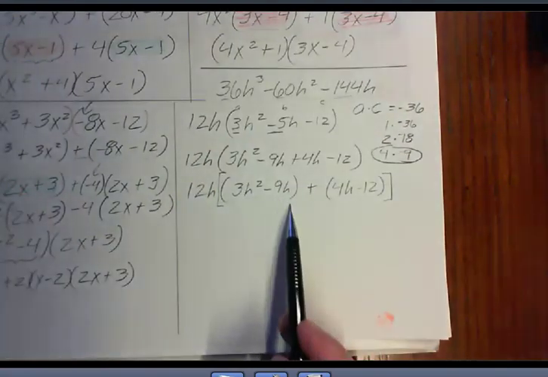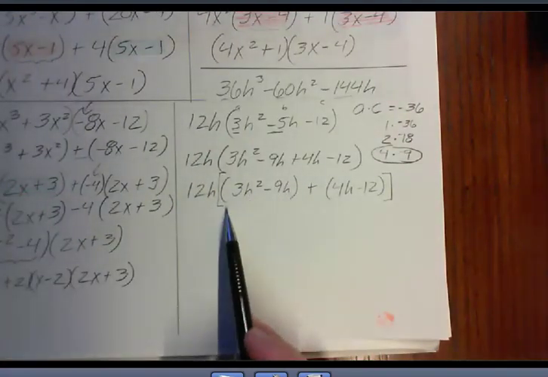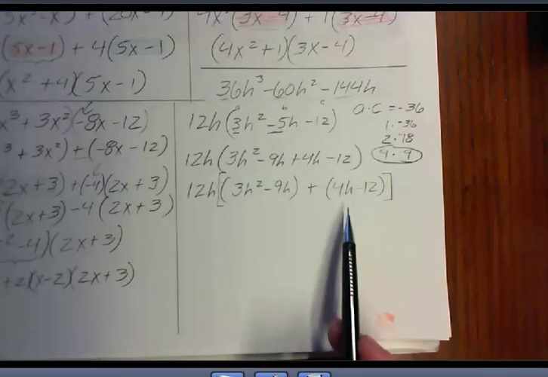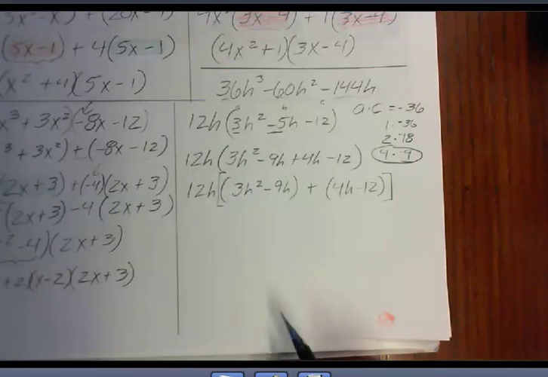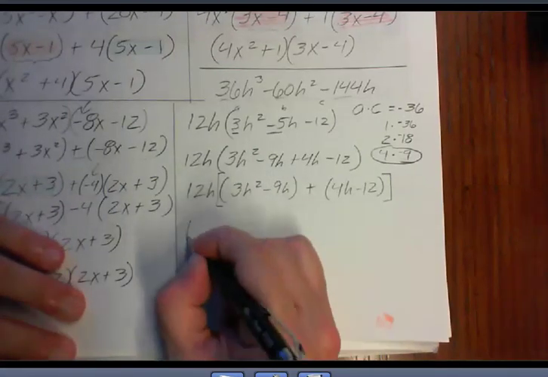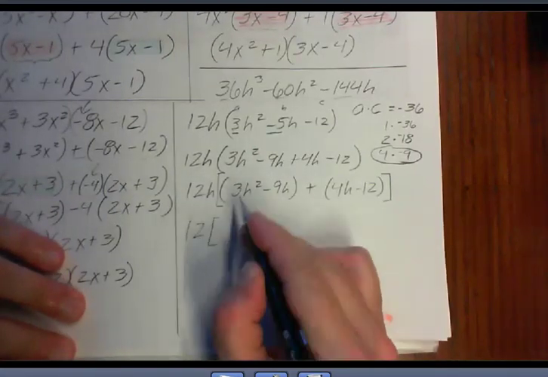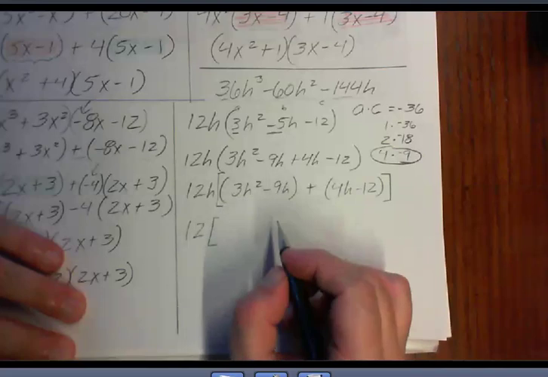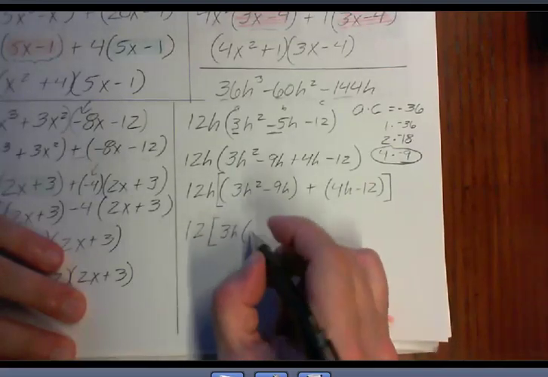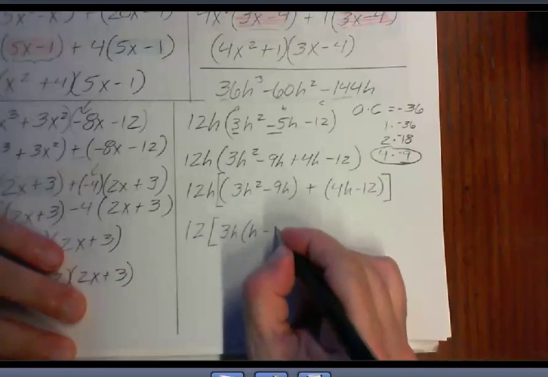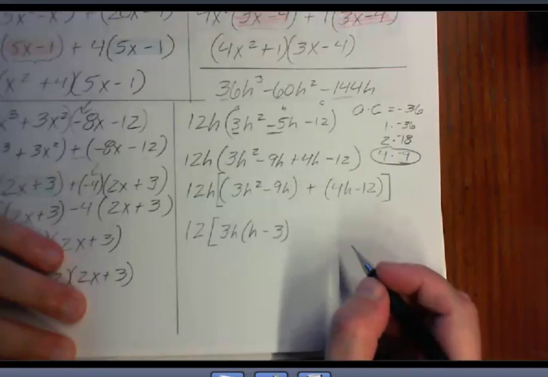So once we get to this portion, we're just focusing on what's in the brackets here, and we factor that the same way that we factored all these other 4-term polynomials that we've just done. Okay, so I'm going to factor out from this left group a 3h. That would leave me h minus 3 in the parentheses.